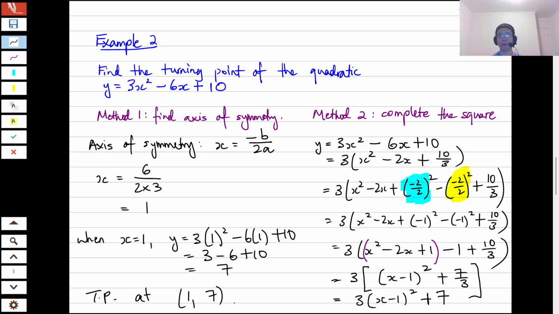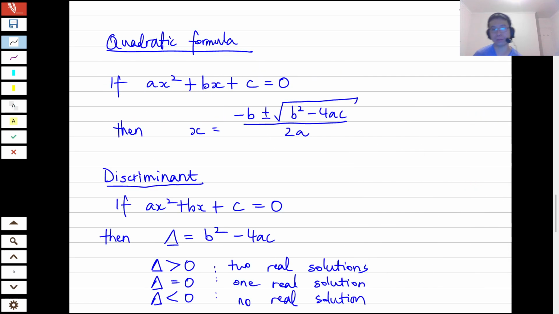Okay, I've got one more example and then we'll leave it at that. So I want to quickly recap the quadratic formula. If I give you a quadratic equation, ax squared plus bx plus c equals 0, and here we've got to assume that a is non-zero, otherwise it's not truly a quadratic equation.